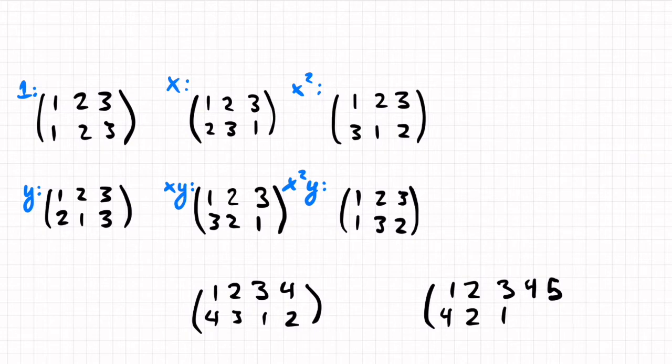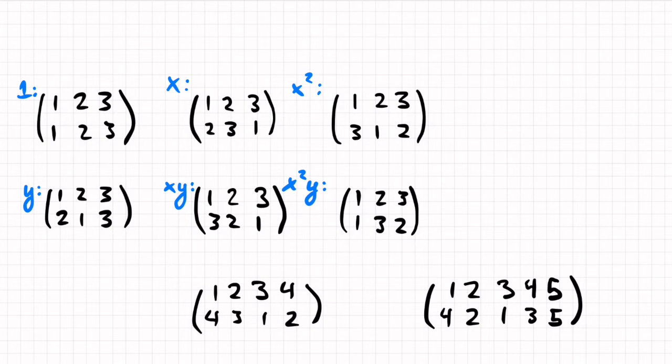What do I have left? 4, 2, 1, 5, and 3. Let's go 3, 5. Whatever. And these are also going to give me permutations in the exact same way.